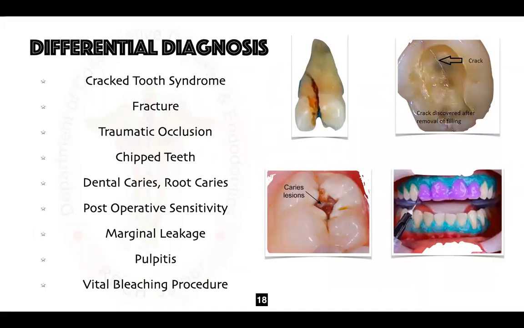You have to know whether it is cracked tooth syndrome, a fracture, a traumatic occlusion, a chipped tooth, only dental caries, root caries, post-operative sensitivity after any restoration, or a marginal leakage that you can spot with your dyes, then whether there is pulpitis or a periodontal cause. Vital bleaching procedures can also eventually cause high sensitivity to the patients, right? So all these factors have to be ruled out before you even start managing hypersensitivity.